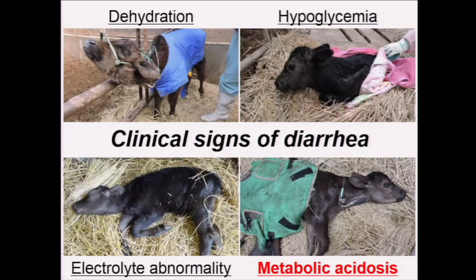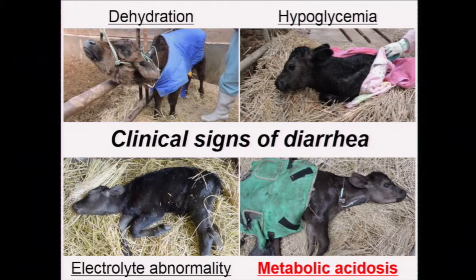Diarrhea in cows can lead to severe economic losses because it delays body weight gain, incurs costs for treatment, and in severe cases causes death. I emphasize that appropriate treatment for diarrhea is very important to prevent such losses.